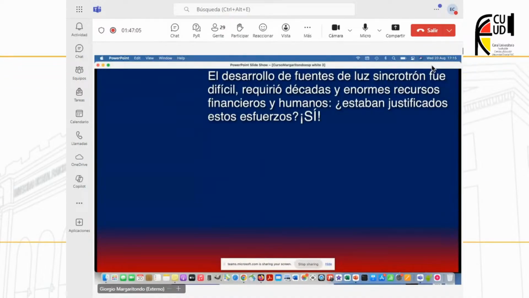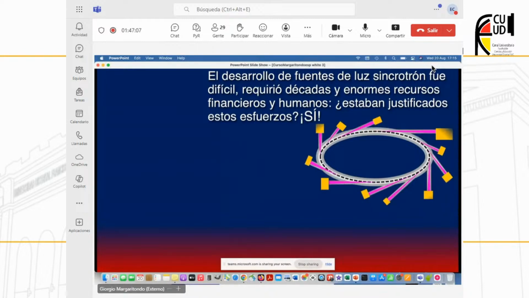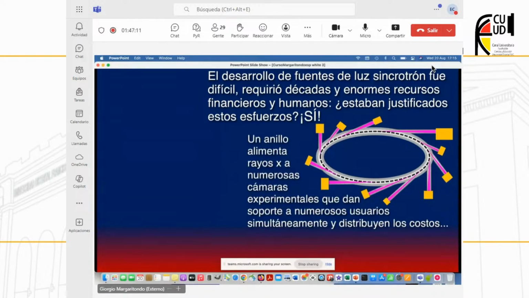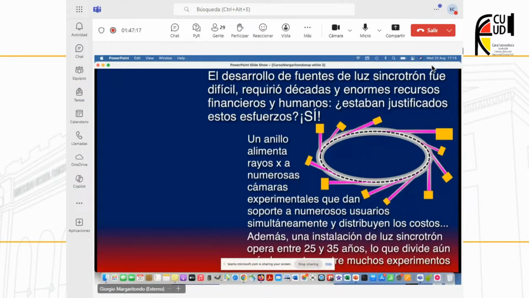Let me just go through them rapidly. First of all, a single storage ring is supporting very many experiments in parallel, up to 100 or even more. Second, the lifetime of a facility is not short, it's 25 to 35 years, or as I mentioned yesterday, even more. And so all this is spreading the cost.